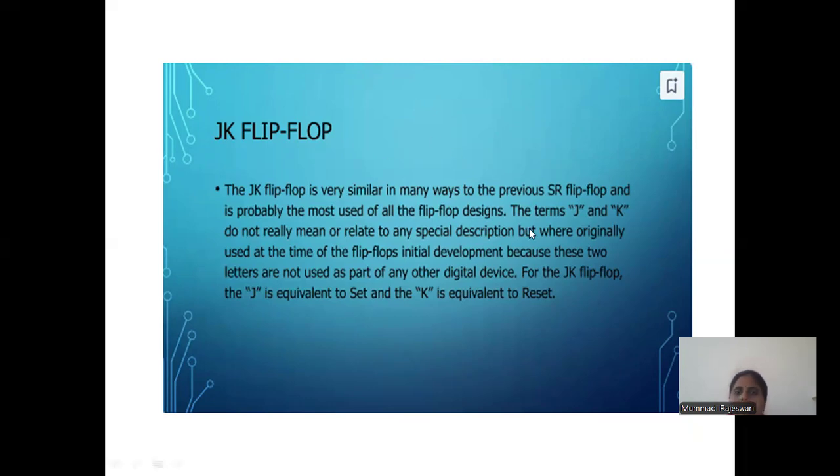But in the JK flip-flop, when J is equal to 1 and K is equal to 1, we get the output as a toggle condition. Toggle means it depends on the present value. When the present value is 0, we get the output as 1, that is the complement form, and when the present value is 1, we get the output as 0. The drawback of the SR flip-flop can be solved by using the JK flip-flop.